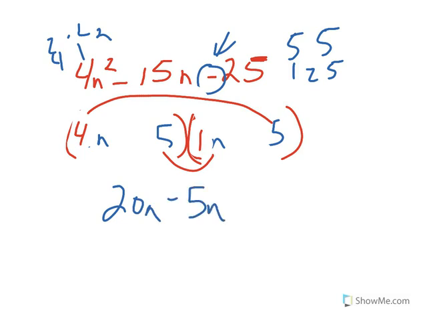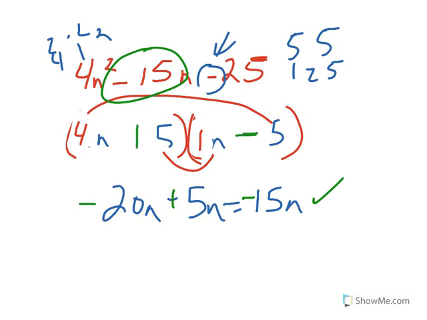If I subtract those, it doesn't matter how I subtract it, that's going to give me a 15n. And I know that, well, that's correct. I needed a 15n. So what I'm saying is, how do I get to negative 15n? Well, if this gives me positive 15n, all you do is subtract the signs, and that gives you the negative 15n. So I multiplied 4 times 5, and that's how I got 20. So that just needs to be a negative 5, and that needs to be a positive 5.